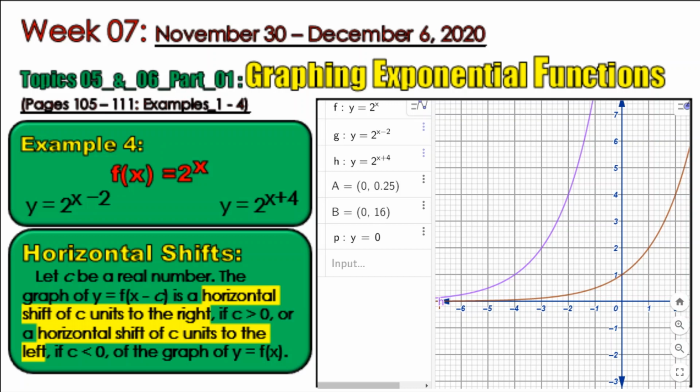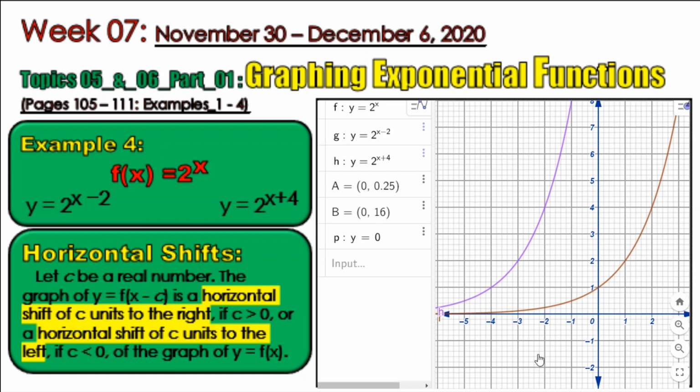What happens to your graph is that if your c is negative, or less than 0, your graph is shifted 4 units to the left. So we will be moving 4 units to the left: 1, 2, 3, 4.